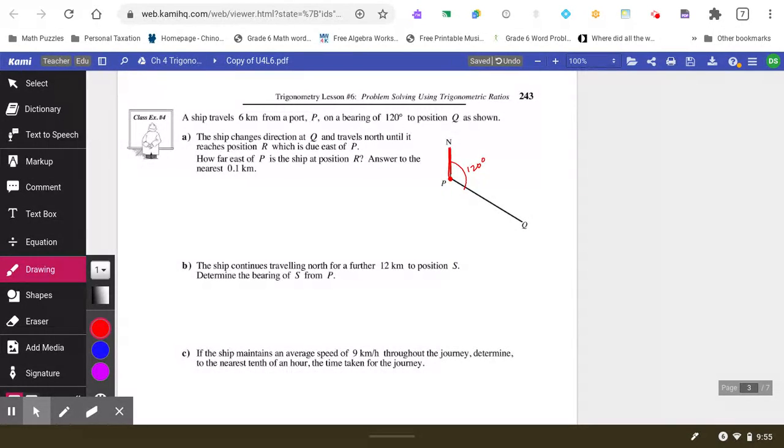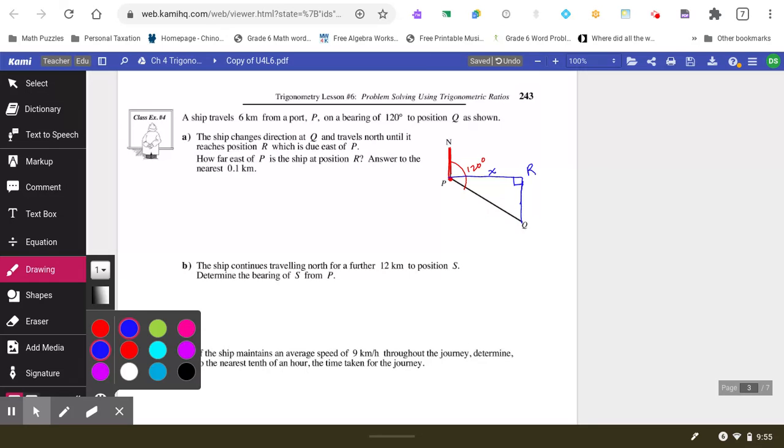The ship changes direction at Q and travels straight north until it reaches position R, which is due east of P. Like this. And this is R. Due east means that there's going to be a 90 degrees there. How far east of P is the ship at position R? This is the part we don't know. How far is it from P to R?